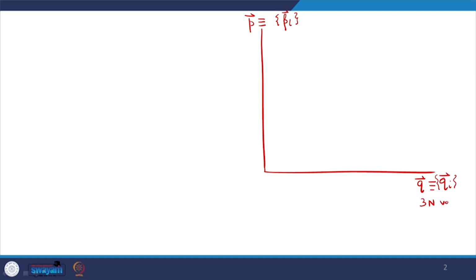These are 3n variables, these are 3n variables. The only reason I am doing a 2D plot is because I do not know how to do a 6n dimensional plot. That's simply impossible.